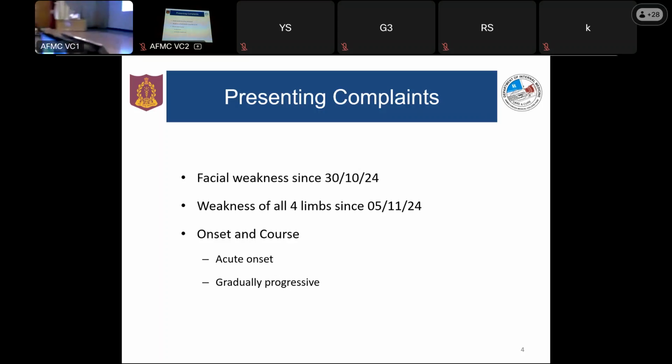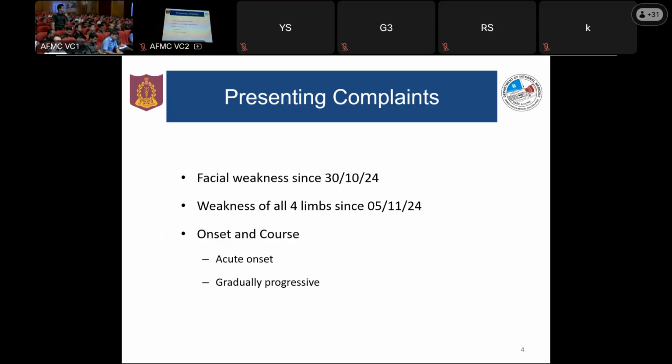If you don't know, pass it on. Satish. Onset shows etiology. Acute sudden onset may be ischemic or vascular etiology. So onset and course tells you etiology, what the lesion is, and what tells you where the lesion is in the neuraxis?